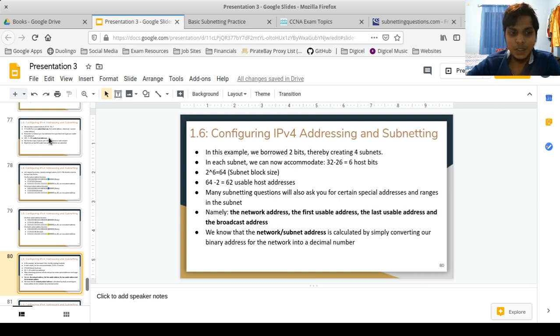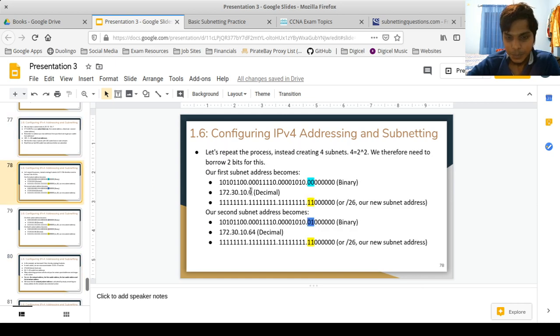So we covered the network address already. In this example, you see our first subnet address becomes this, and the second subnet address became this. We incremented the binary bit here by 1 and converted it back to decimal, and this was our second subnet address. So we have the subnet address already, and we have the subnet mask.